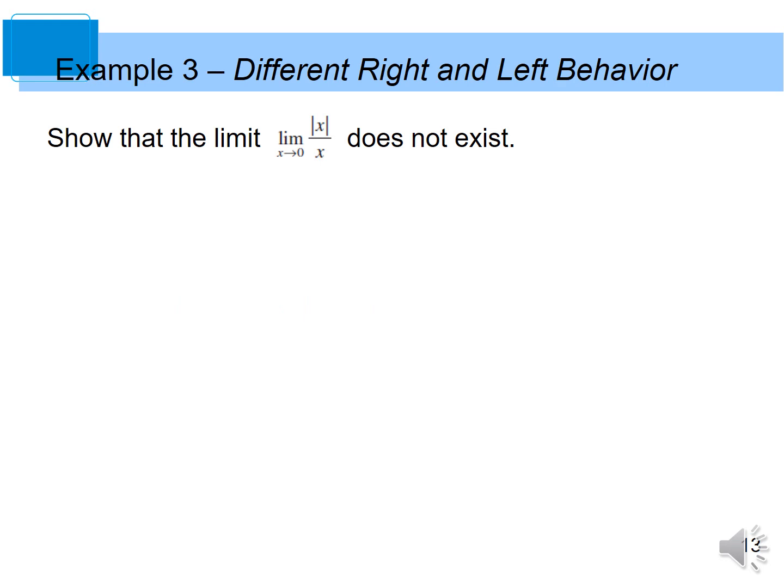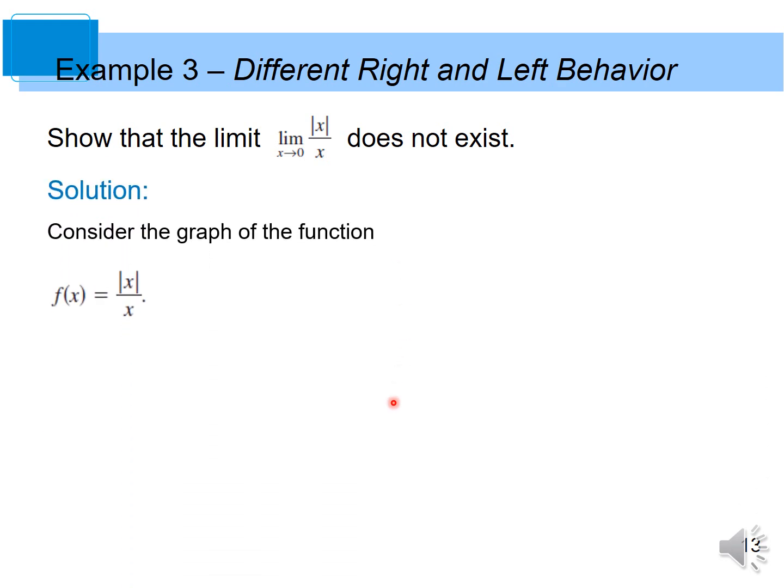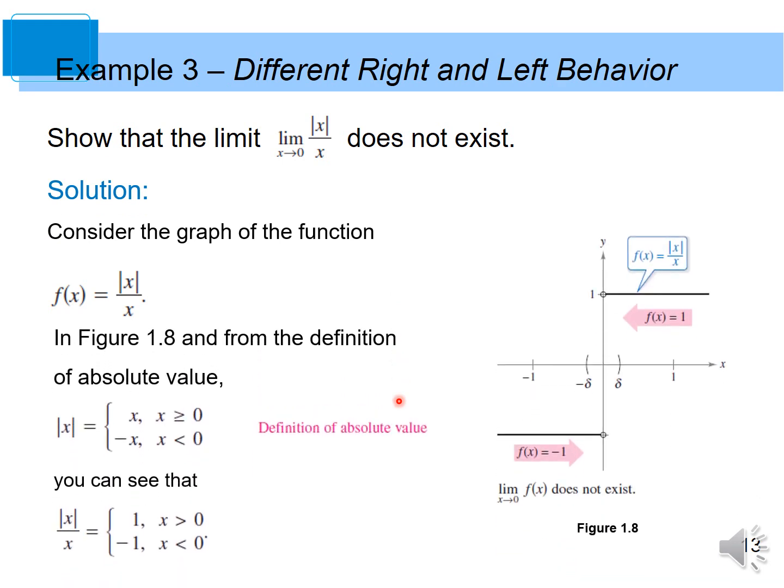For the second objective, look at this example. Show that the limit of modulus of x over x when x tends to 0 does not exist. Consider the graph of the function. From the definition of absolute value, the modulus of x can be written as a piecewise function.